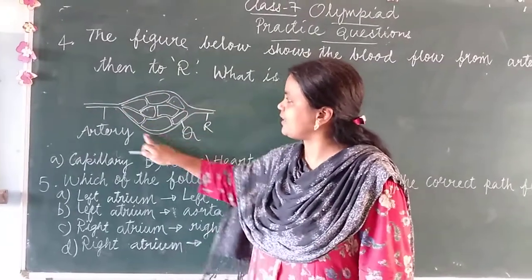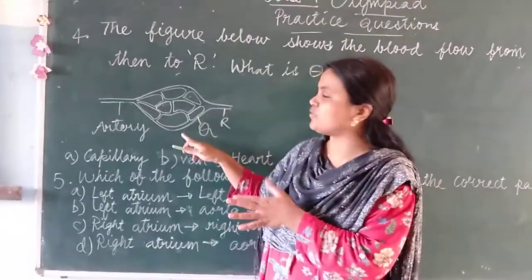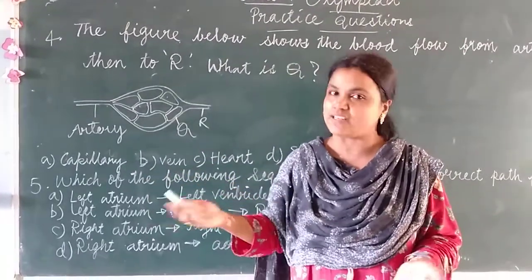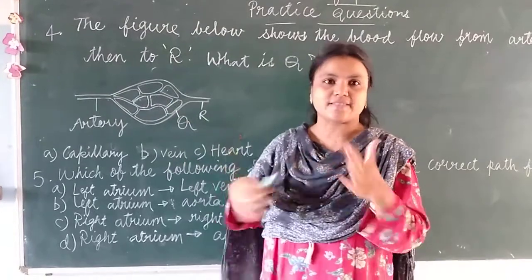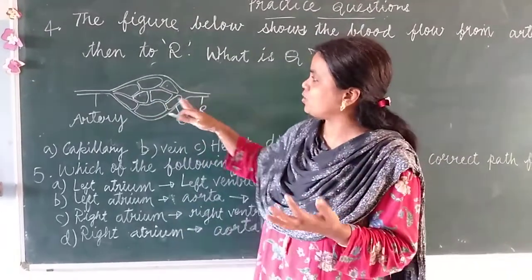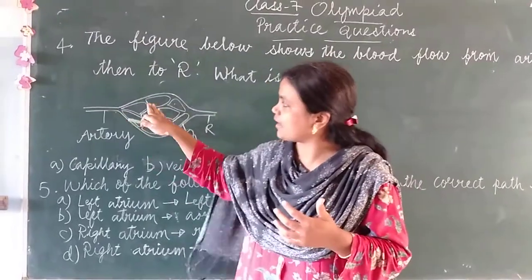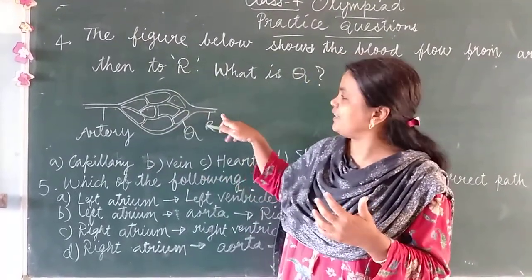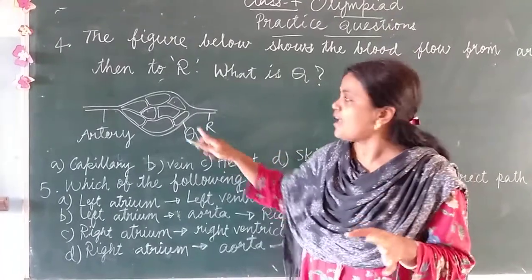You can see that there is a network of blood vessels here. So this network is nothing but called capillaries, children. So this is where the gases exchange, and the oxygenated blood becomes deoxygenated and is carried through a vein. So R is nothing but vein here, and what is Q?